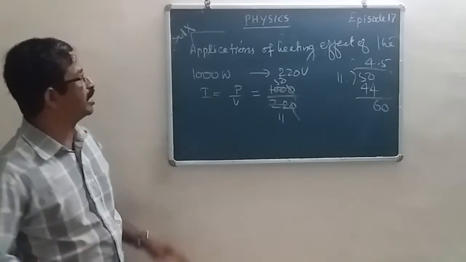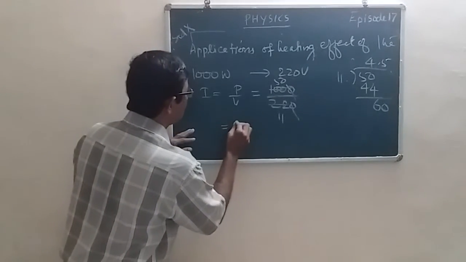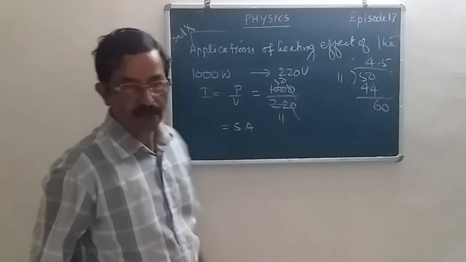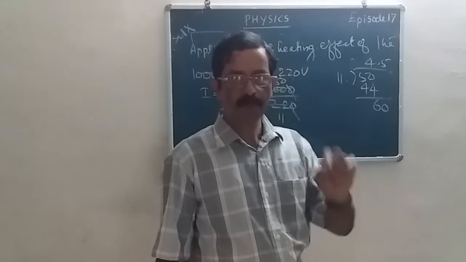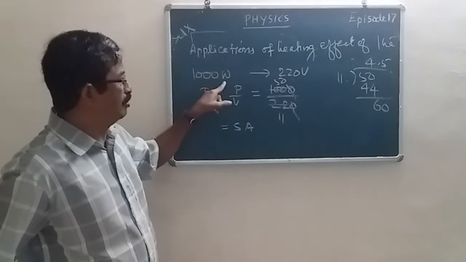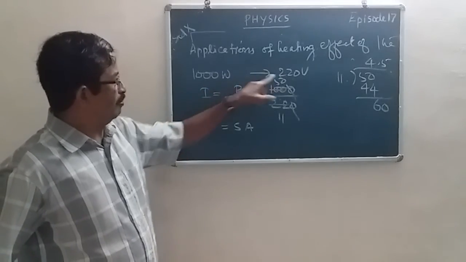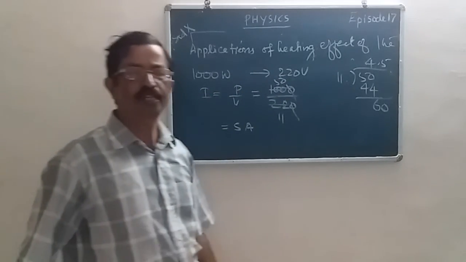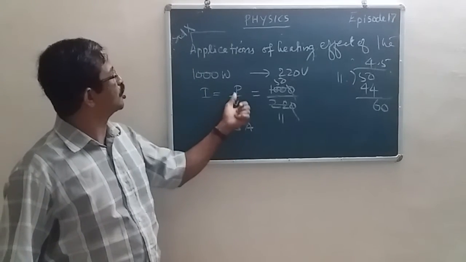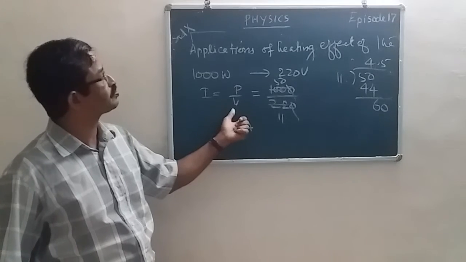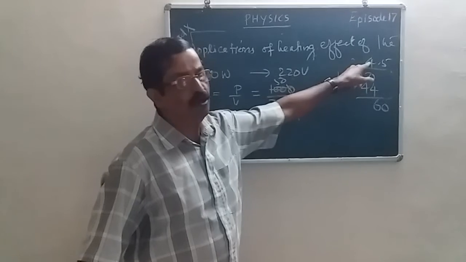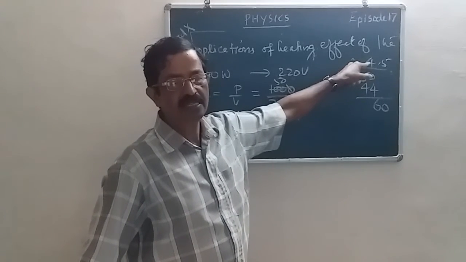So there we use a fuse wire of 5 ampere. That means when we use an electric iron of power 1000 watt under a potential of 220 volt, the current through it is I equal to P by V, which by simplifying is 4.5 ampere.